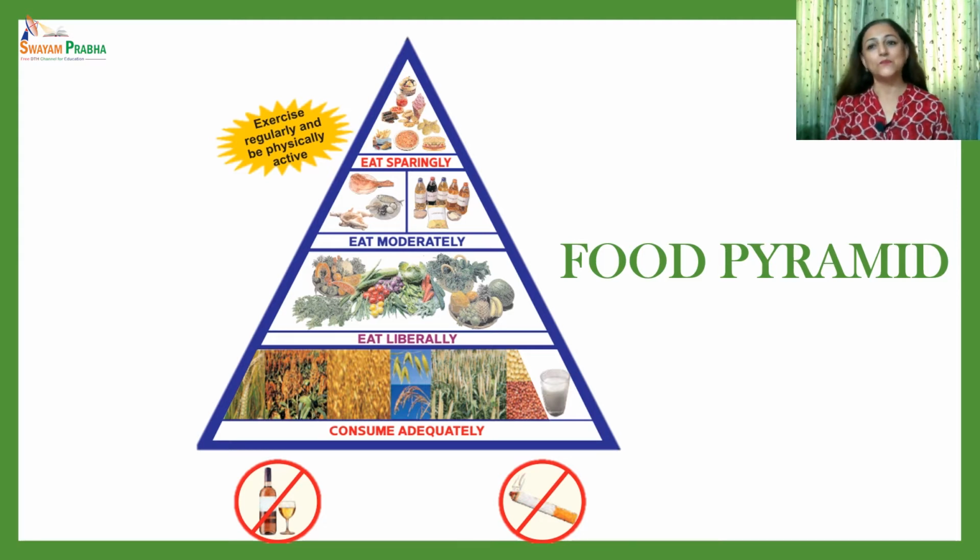India uses a number of graphical elements to represent the messages of its guidelines. And one of them, which we are seeing, is the food pyramid, which has been designed by ICMR in 2011. As we can see, this pyramid is divided into four levels.